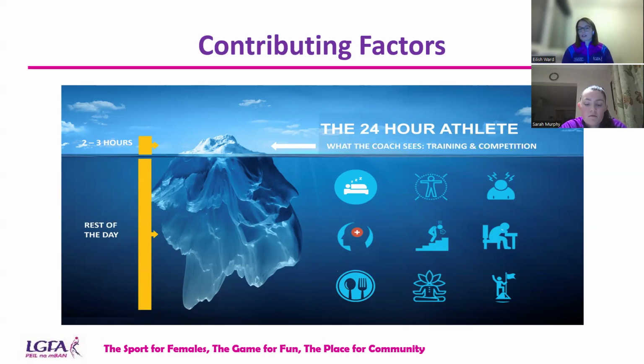We also have things such as injury and sickness, they can all impact. And finally, all the other stuff that tends to be going on in our lives. So as a player, if we're at youth level, what's going on in school, what's going on with my friends. Equally, as we get older, we go into work, maybe university, other relationships can also impact.